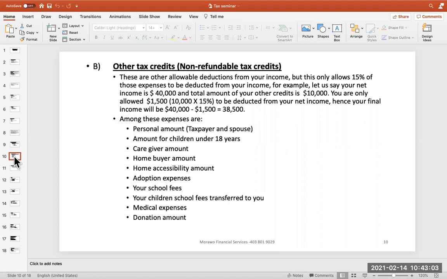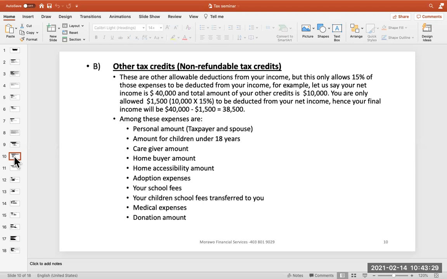But this only allows 15% of those expenses to be deducted from your income. So here, you are not deducting 100%, unlike the previous one, where you deducted 100%. In this case, we are only allowed 15% of these expenses to be deducted from your income.